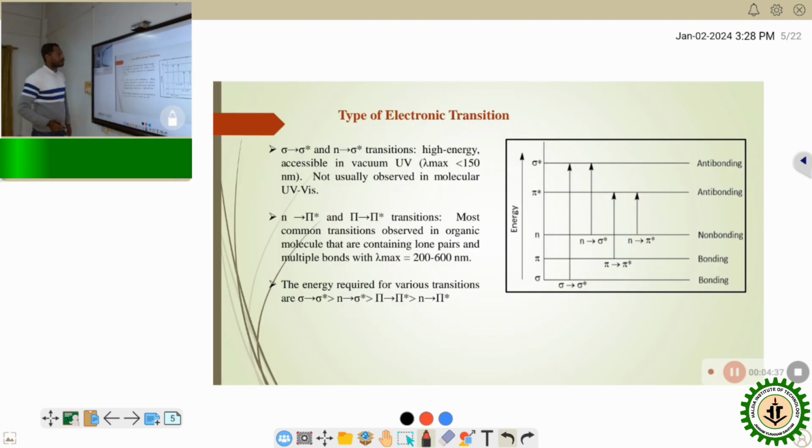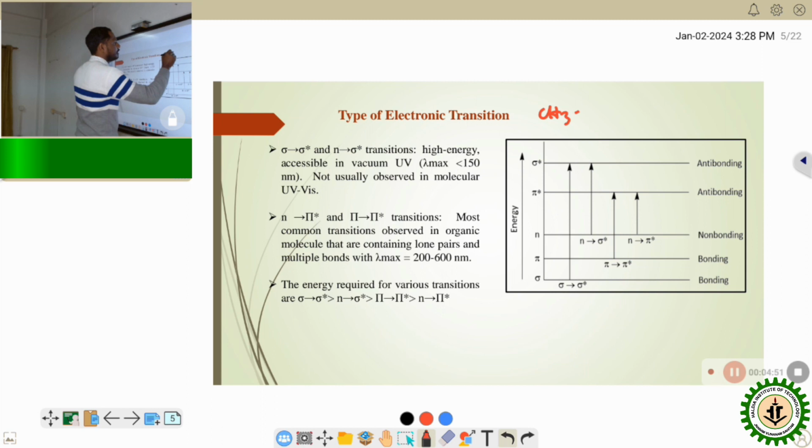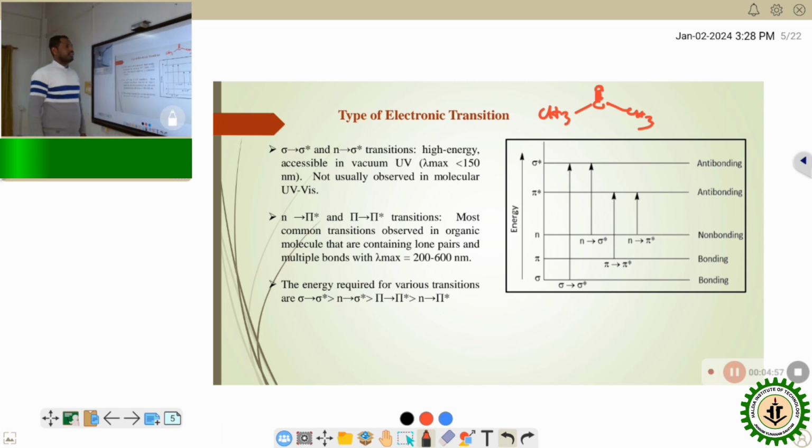Now, what type of electronic transition takes place in UV visible spectroscopy? Basically an organic molecule containing a lone pair or a double bond. If we take acetone, that is CH3COCH3, the acetone molecule contains sigma bonds, a pi bond, and oxygen also has a lone pair.